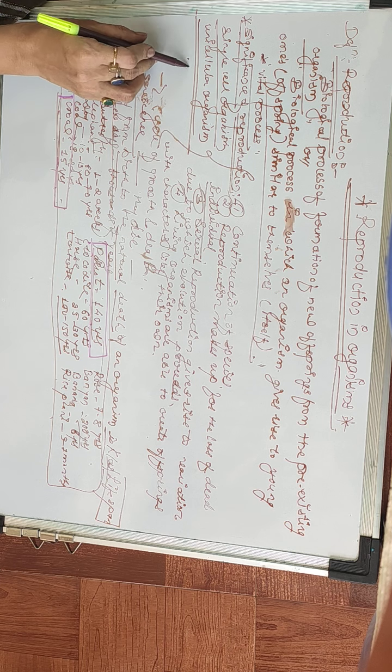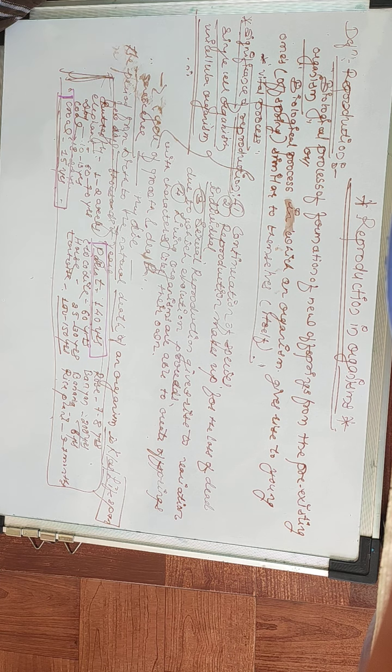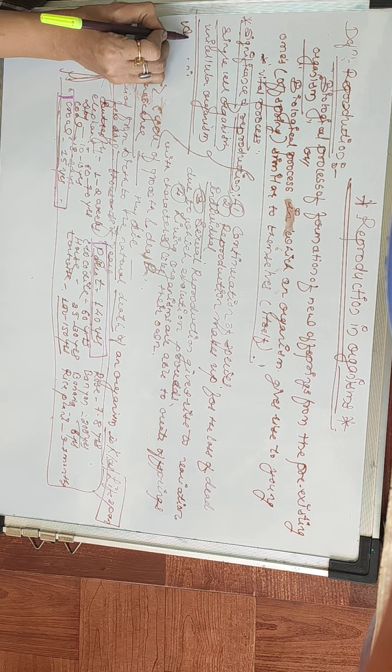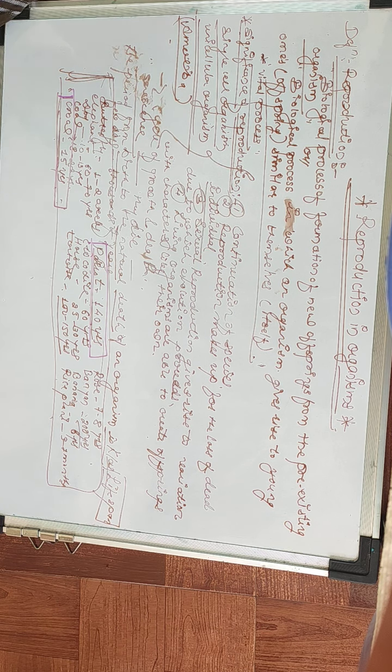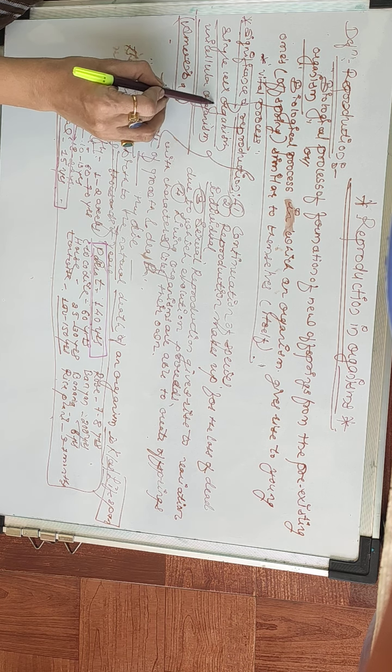So in this cycle of unicellular organism, no dead bodies. Each and every part is converted into new organisms. For example, amoeba is a unicellular organism. I just told you, no individual is immortal except single cell organism.